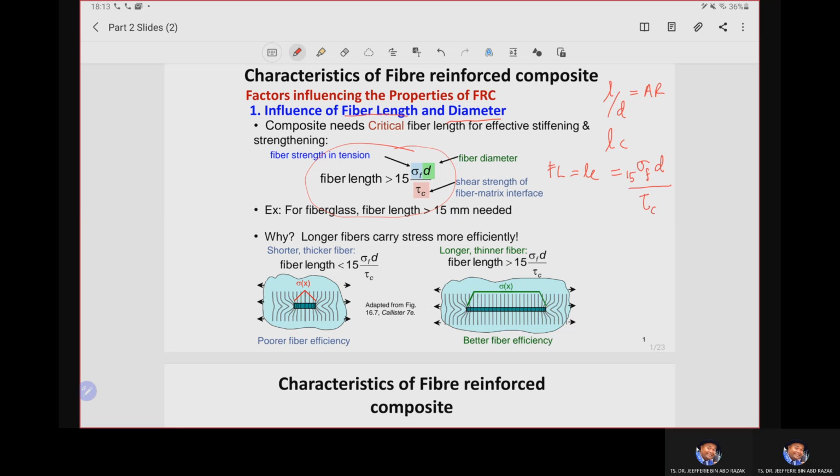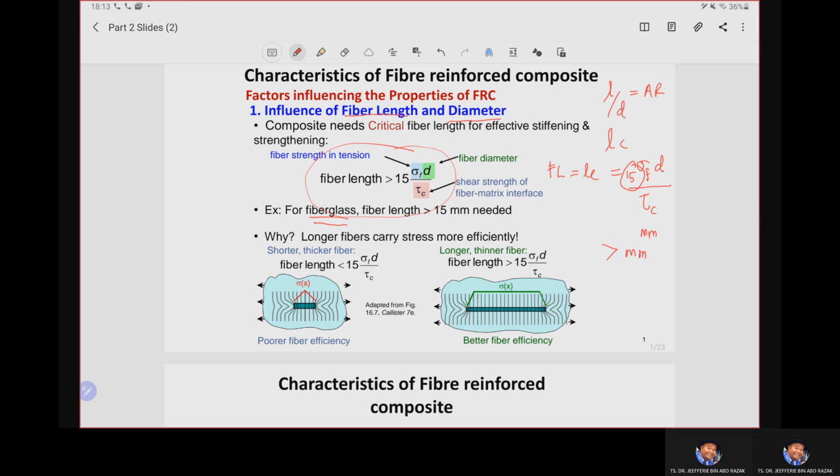Meaning to say, as you can see here, the critical length is basically on the order of millimeter. For example, for the case of fiberglass, a fiber length of more than 15 millimeter is needed for better load transfer efficiency.